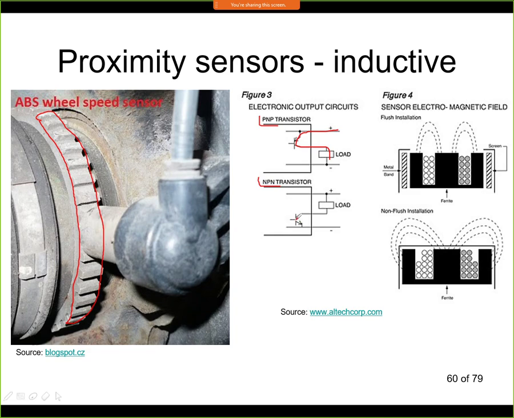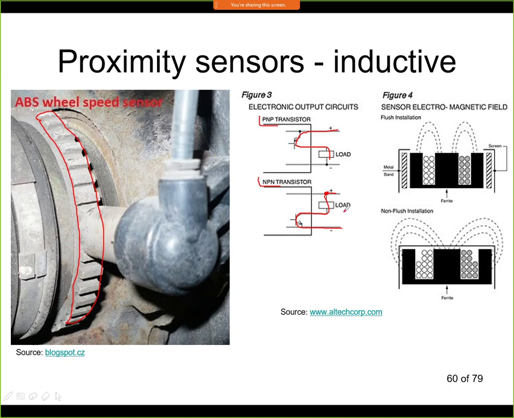If on the other hand we have an NPN transistor, we can see that the load is always connected with one terminal to the plus side of the power supply, and then the transistor is switching this to the negative side. So if the object gets detected, this transistor opens, it will act like a switch, and current will start to flow from this load to the transistor and back to the power supply.